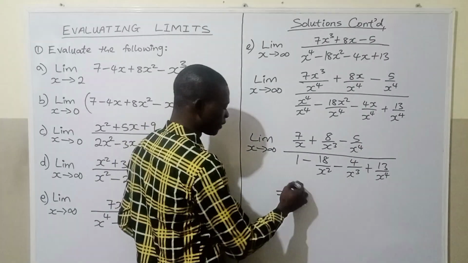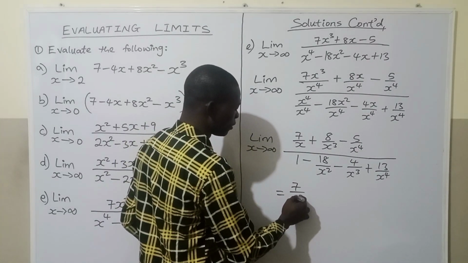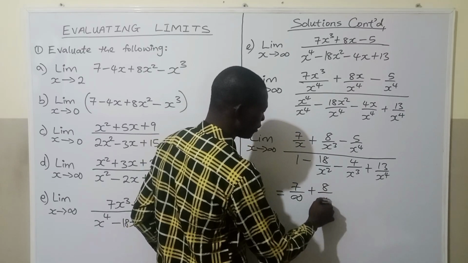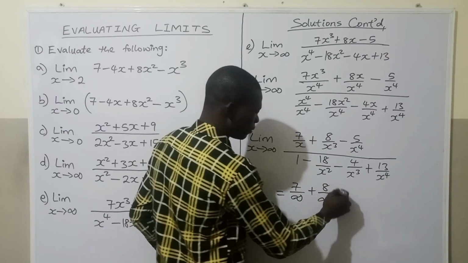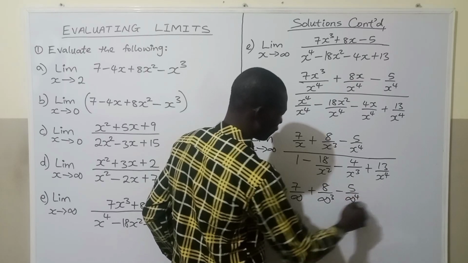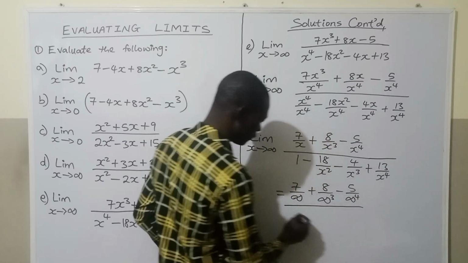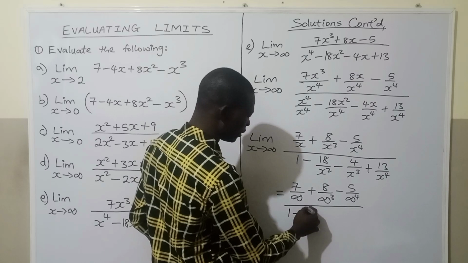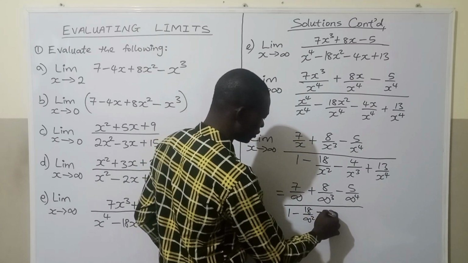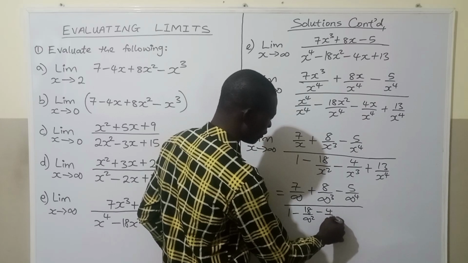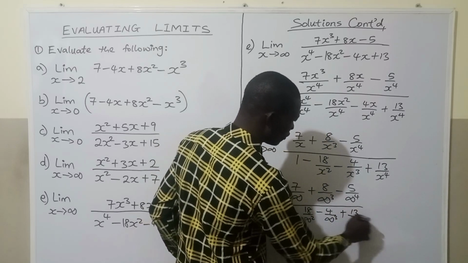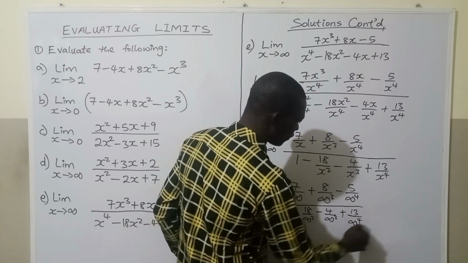So that becomes 7 over infinity plus 8 over infinity cubed minus 5 over infinity raised to power 4. So all together over 1 minus 18 over infinity squared minus 4 over infinity cubed, and then plus 13 over infinity to power 4.